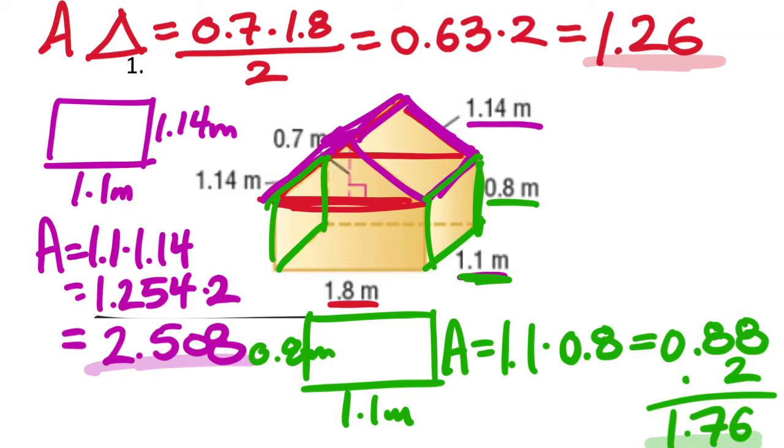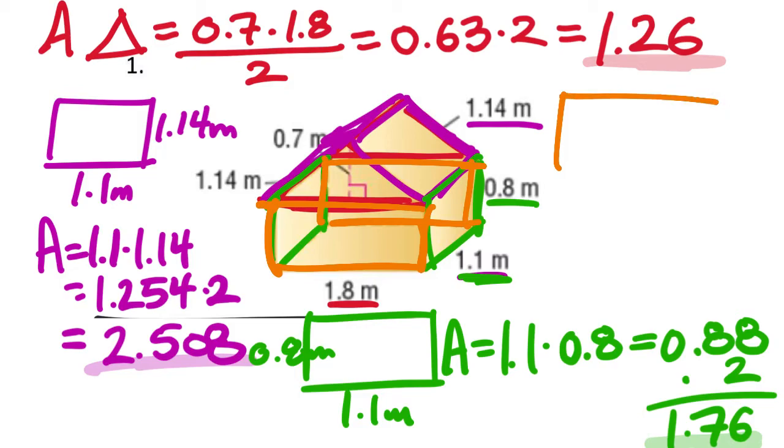Let's see what we can do here. I'll start with this front face right here. I'll do it in orange, which again matches the back face here. And this rectangle is showing as a 1.8 meter length, and the height is 0.8 again in meters.